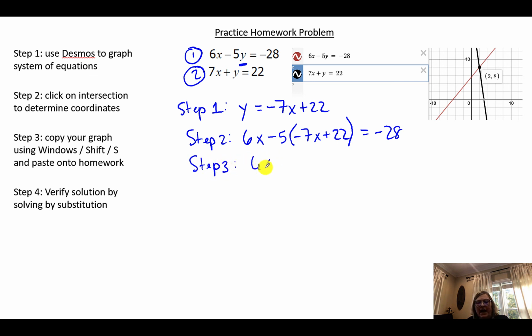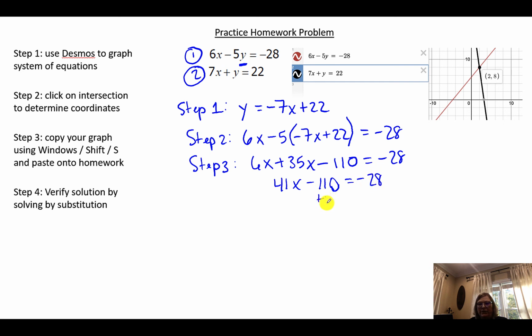So I have 6x. So minus 5 times minus 7x is going to be plus 35x. Minus 5 times plus 22 is going to stress my mental calculations here. So I have 0, carry 1, it's minus 110 is equal to minus 28. We can combine these two, so I have 41x minus 110 is equal to minus 28.